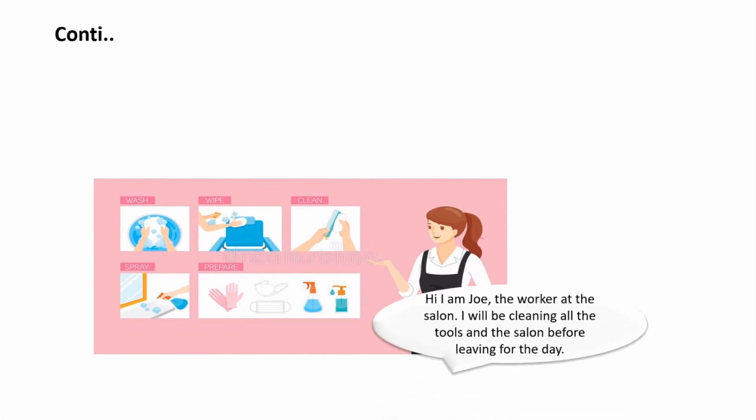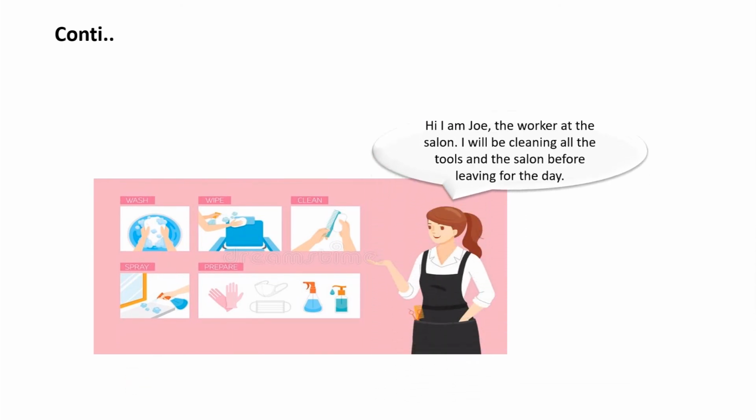Hi, I am Joe, the worker at the salon. I'll be cleaning all the tools and the salon before leaving for the day. You can see very clearly in the picture. It shows wash, wipe, clean, spray, and prepare, which says that before leaving for the day or closing your salon, you should wash the floors, the tools, and the implements used.